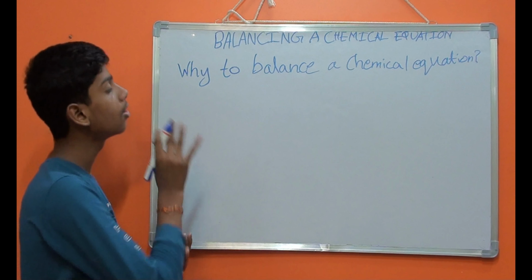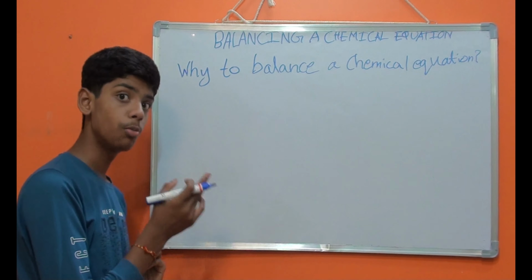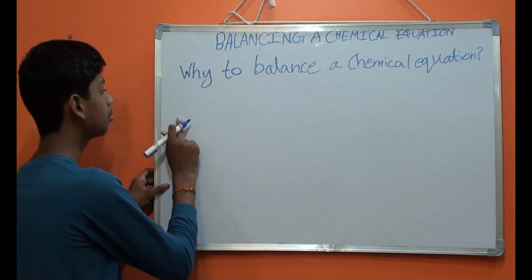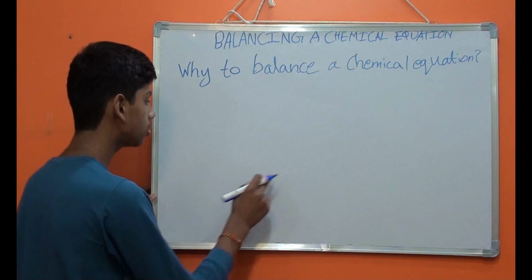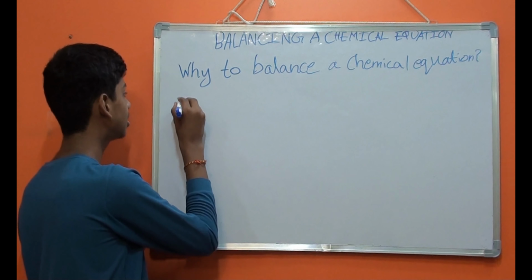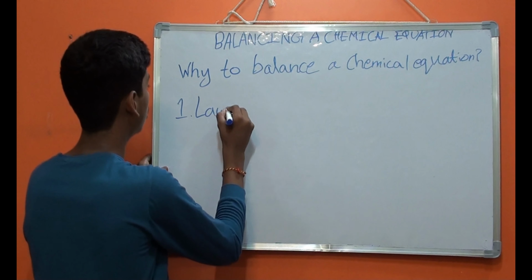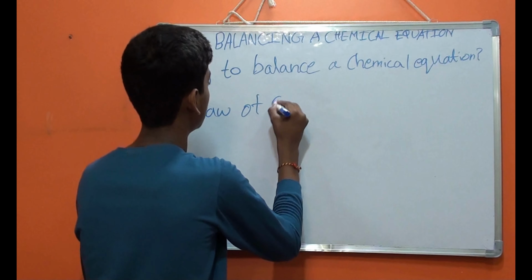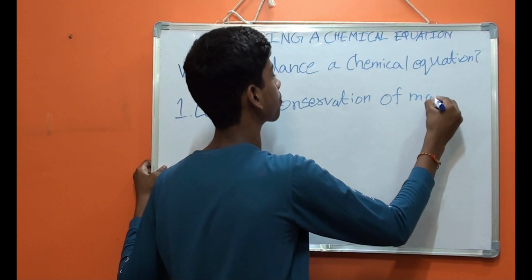So we have learned what is a balanced chemical equation. Now let's see why to balance a chemical equation. There are some laws on balancing a chemical equation. According to that, there is a law. That law is the law of conservation of mass.